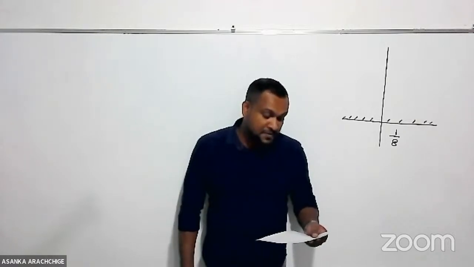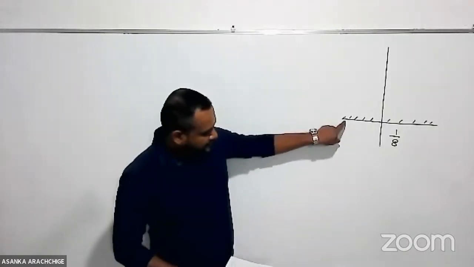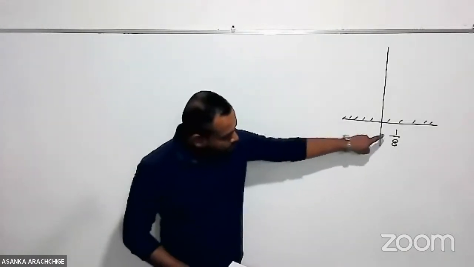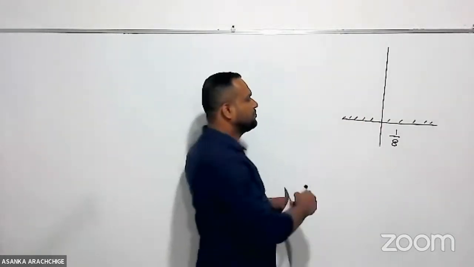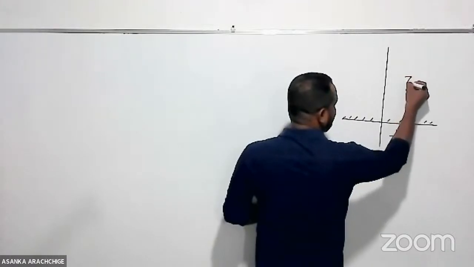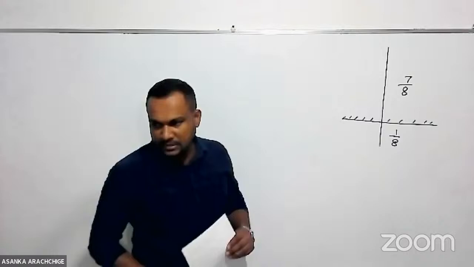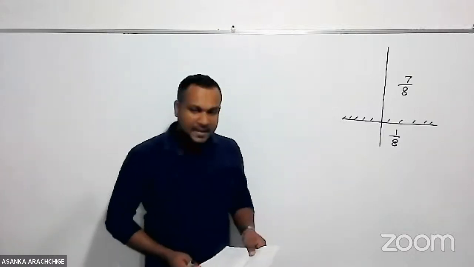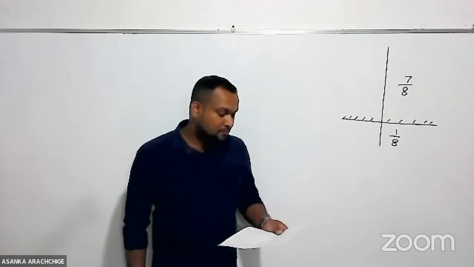1/8 of a beetle tree, which is used for a New Year game, is under the ground. If this is the ground level, 1/8 of the tree is under the ground. Therefore, 7/8 of the tree must be above the ground level. Is that clear? Part 1.